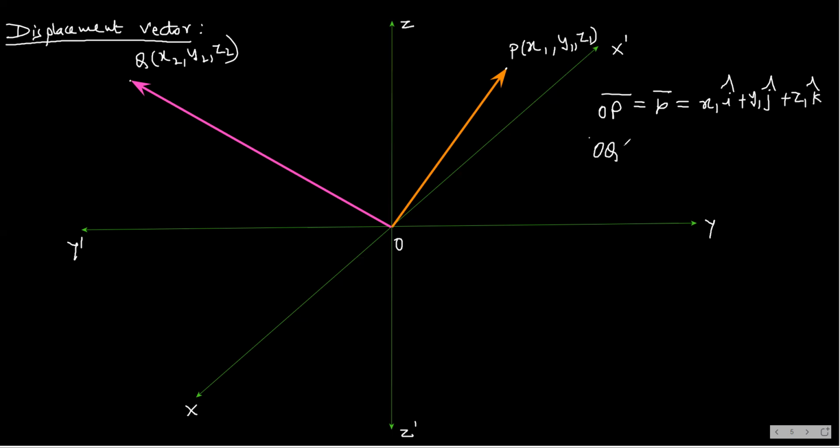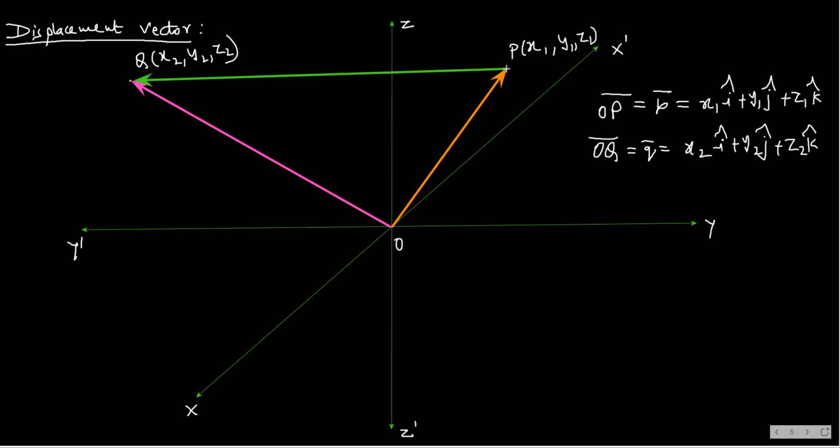And OQ bar, which is equal to small q bar, is x2 i cap plus y2 j cap plus z2 k cap. What I am interested in is vector PQ bar.